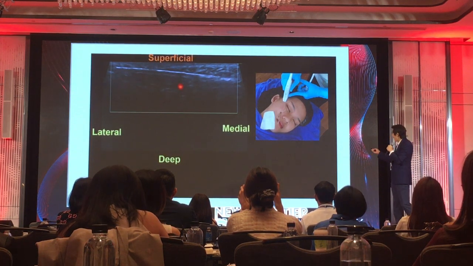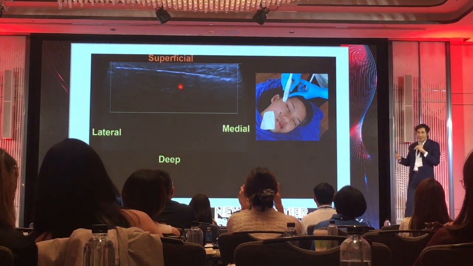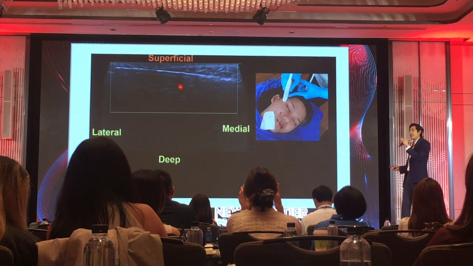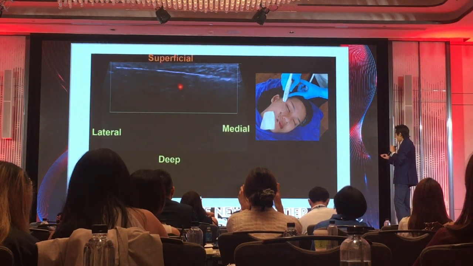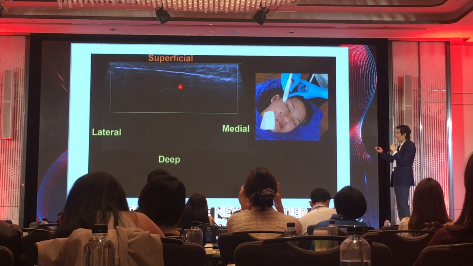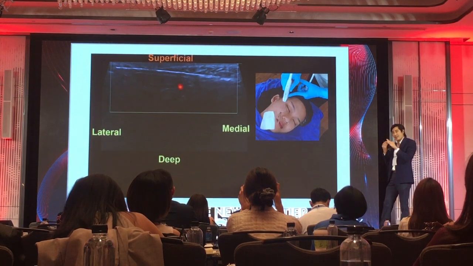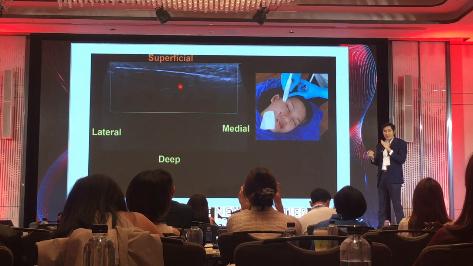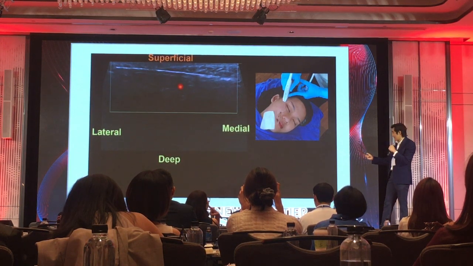So I want to pass this area in the sub-SMAS plane. I will go superficially before the cannula enters this area, and then I go superficially until the hairline, to use my hanging point in the subcutaneous plane at the hairline.